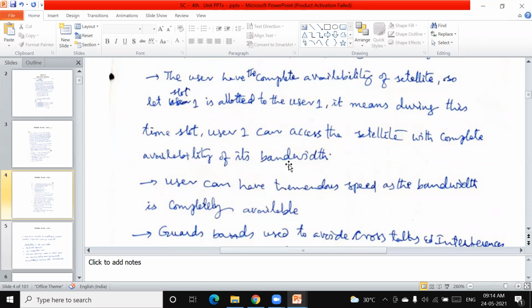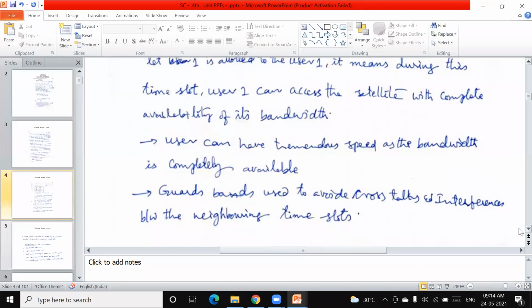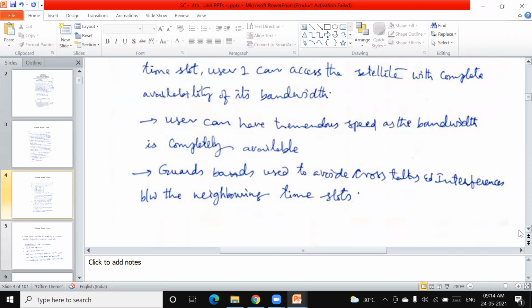Therefore, tremendous speed is available because in this time slot, no other users are there. The whole bandwidth is being utilized by the single user for a particular time slot, slot one by user one. Therefore, it is going to be very high speed.